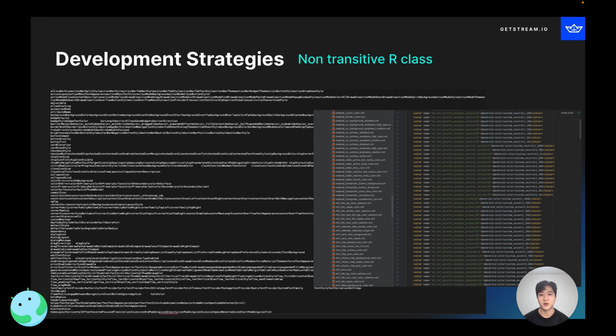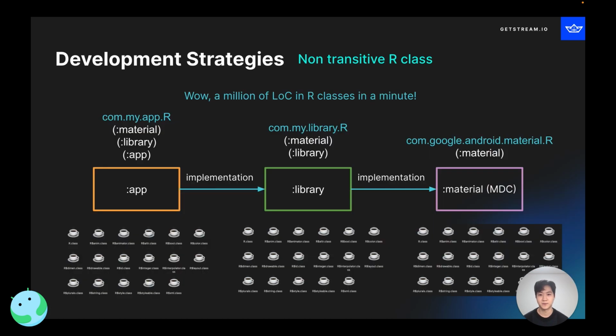If you open one of them, you will see there are a lot of ID fields declared. As a result, when you build the project, it's like creating more than 1,000 to 10,000 lines of code, many times, by duplicating them between modules. And in reality, we normally use a lot of dependencies with multi-module structures, so it will be much bigger.